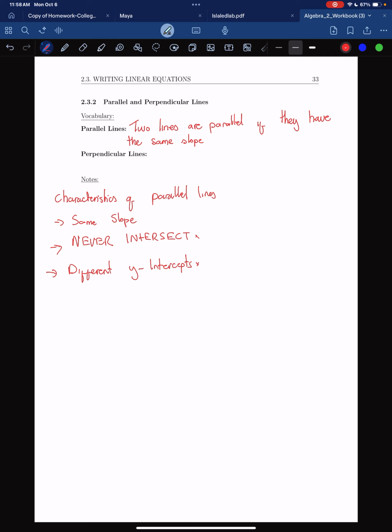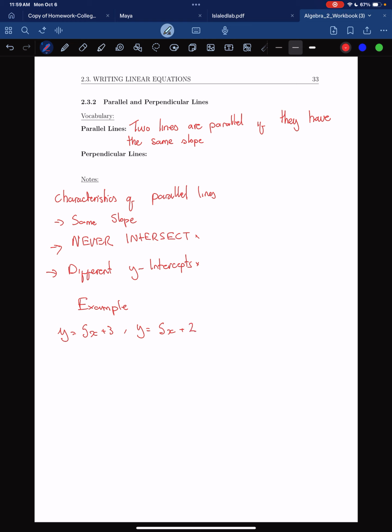And I'm going to go to Desmos for this one. So example, I'm going to give you two lines. I'm going to use slope-intercept form to write these. I'm going to have, let's say, y is equal to 5x plus 3. And we're going to have y is equal to 5x plus 2.